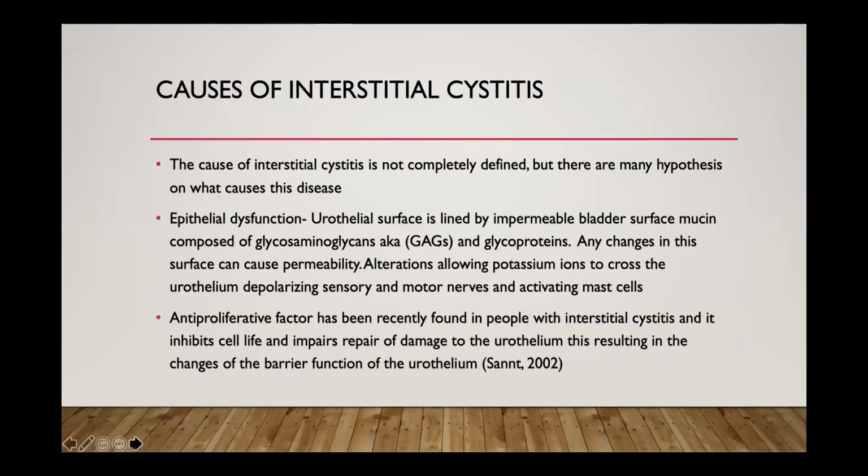The cause of interstitial cystitis is not completely defined, but there are many hypotheses on what causes this disease. One of them is epithelial dysfunction. The urothelial surface is lined by impermeable bladder surface mucin, composed of glycosaminoglycans, also known as GAGs, and glycoproteins.